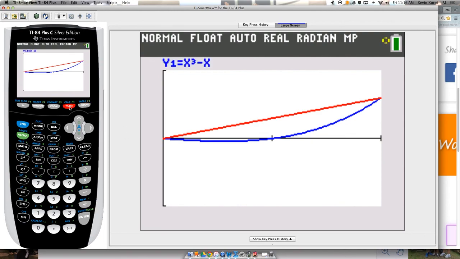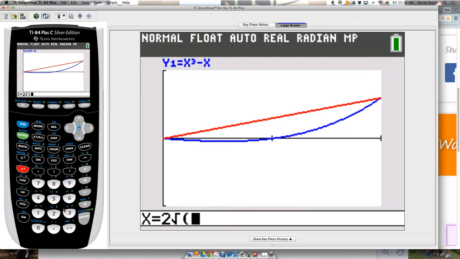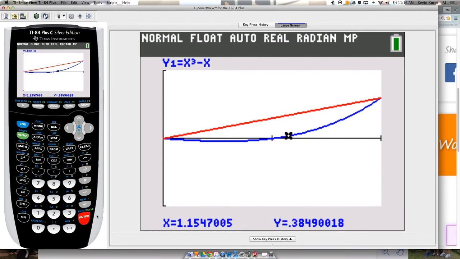Let's hit trace and type in on the blue graph 2 square root of 3 divided by 3. That's the value. Does that look right? We could find the equation of the tangent line, right? I just didn't want to have to plug that ugly y value in to get the equation.